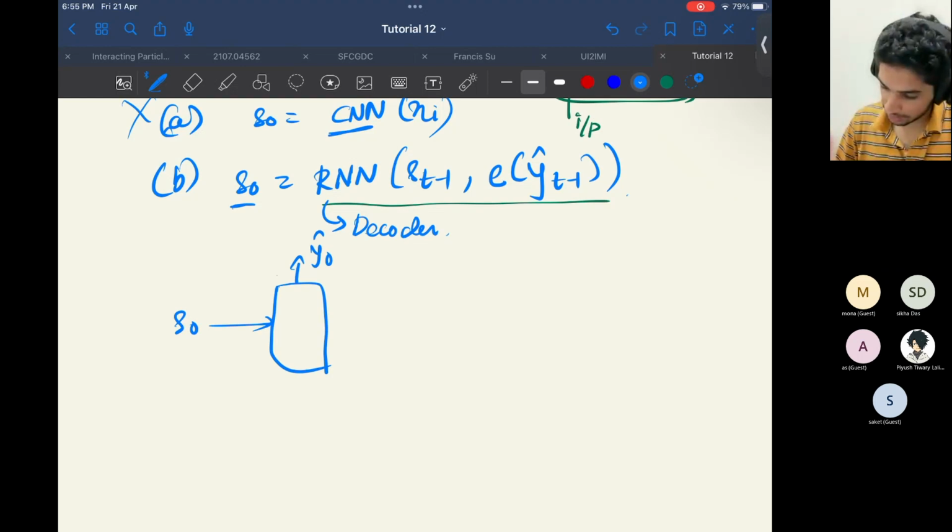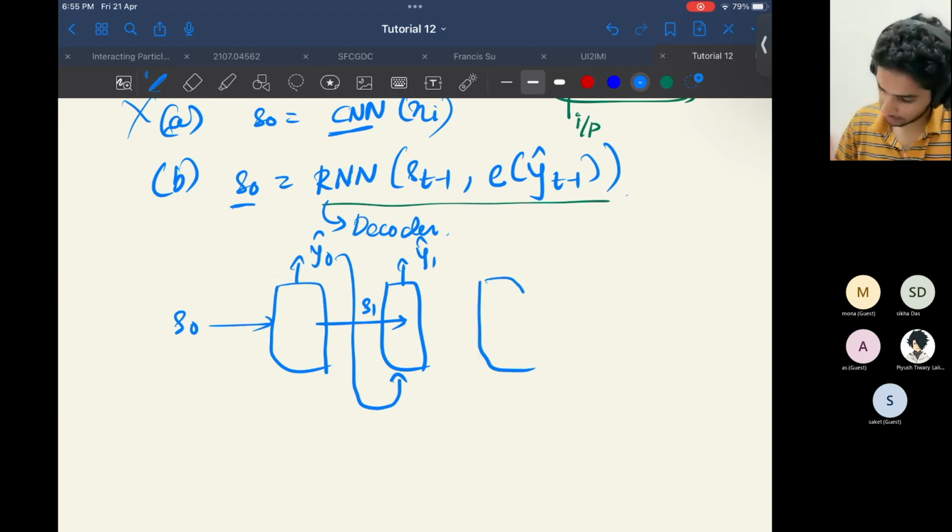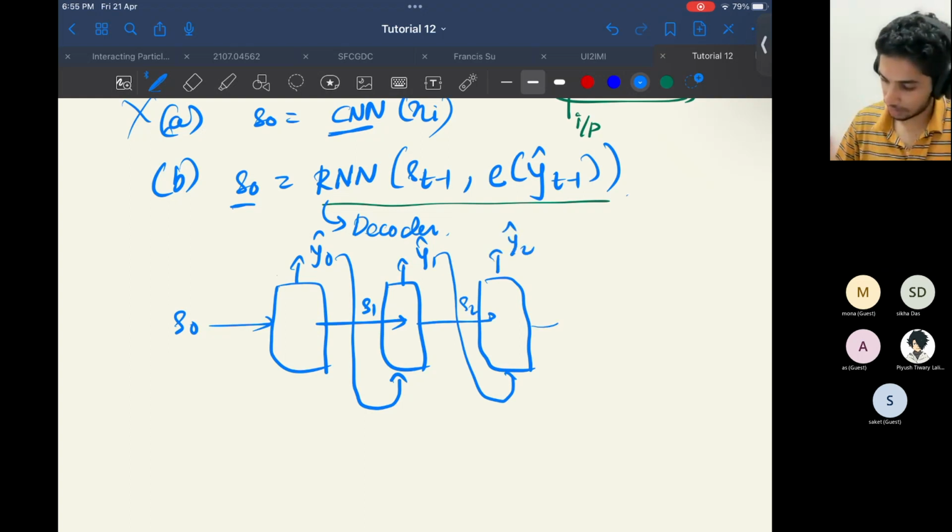The same model is used again. So y naught hat is given as input, and s1 is given as input to the second step. Similarly, this goes on. So s2 will go here, and you will have y2 hat as output. This will go on.